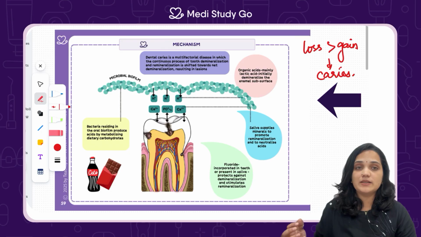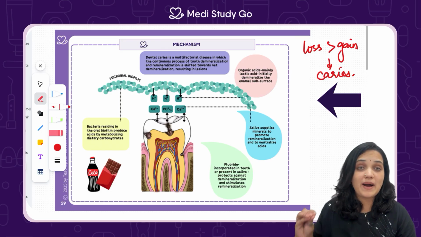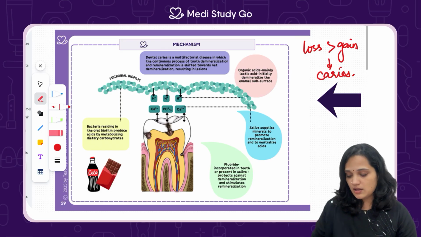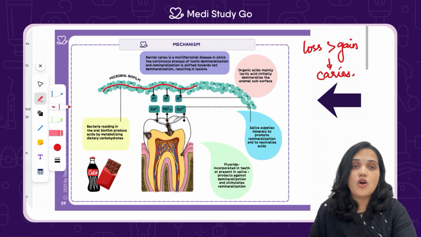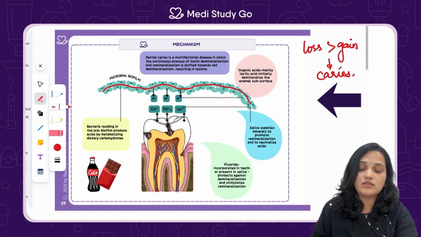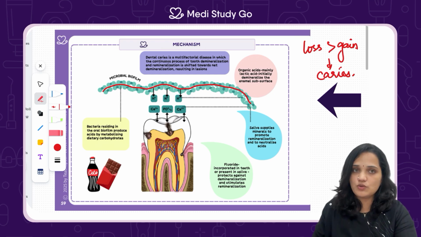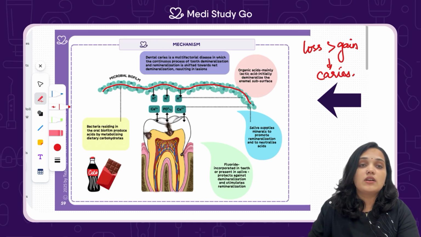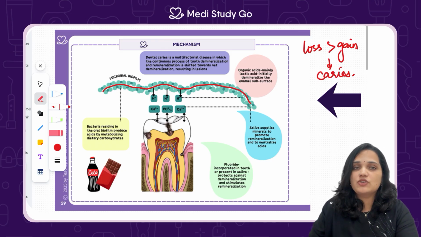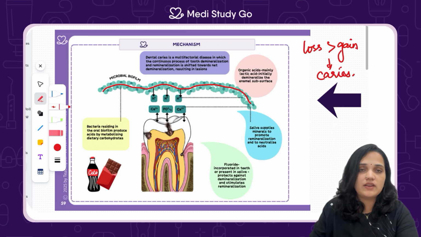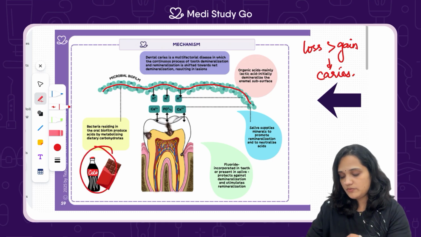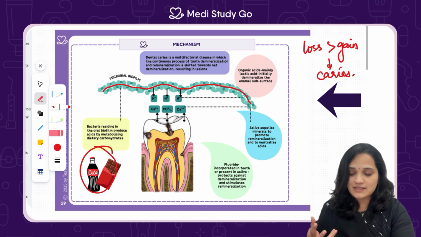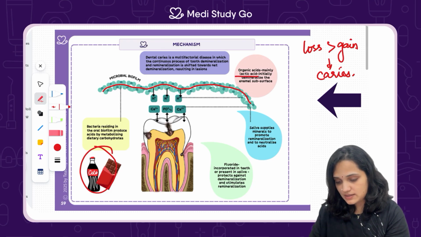So first, let's see the microbial biofilm or plaque. This is the green layer on top of our tooth. It contains bacteria like Streptococcus mutans. These bacteria feed on dietary carbohydrates like sugar, cola, chocolate, all of this, and they produce acids, mainly lactic acid.